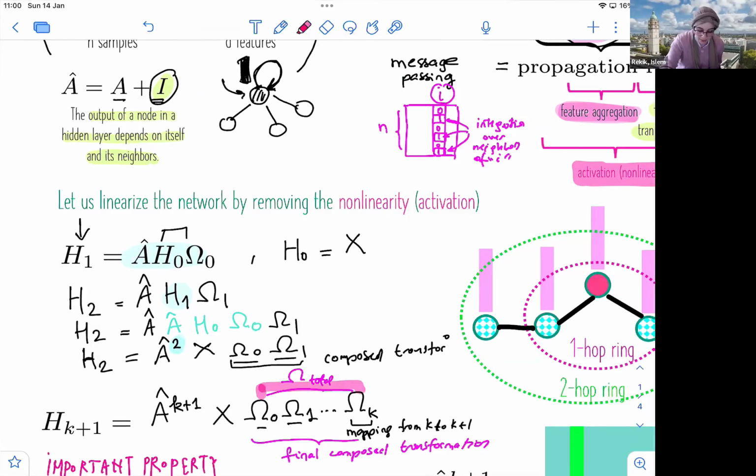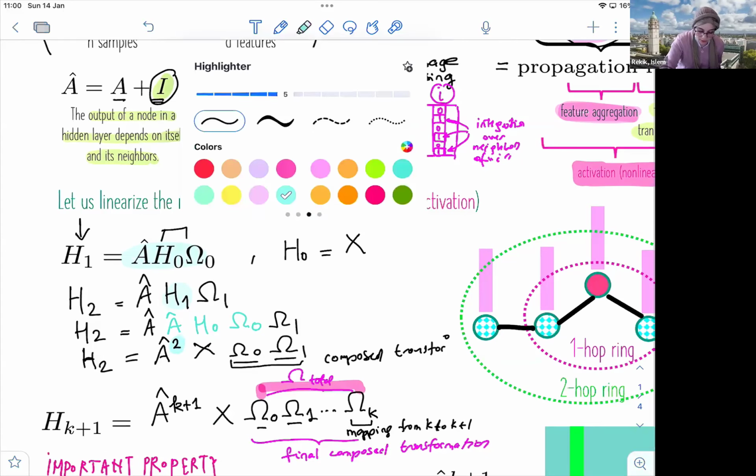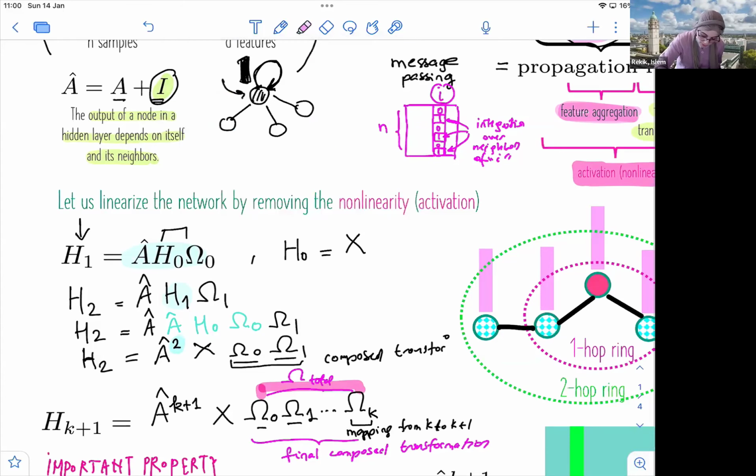We put in the input feature, the original feature matrix X, so this is our input feature matrix, right? And then we take the adjacency matrix and raise it to the power of K plus 1. This defines the node embeddings for each node in the graph.